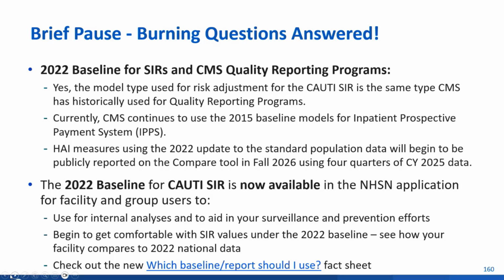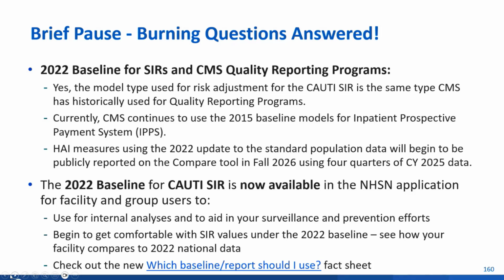Second, CMS continues to utilize the 2015 baseline models for the inpatient prospective payment system quality reporting program. And third, in fall of 2026, the 2022 baseline SIRs for the 2025 calendar year will be publicly reported on the CMS Compare tool.